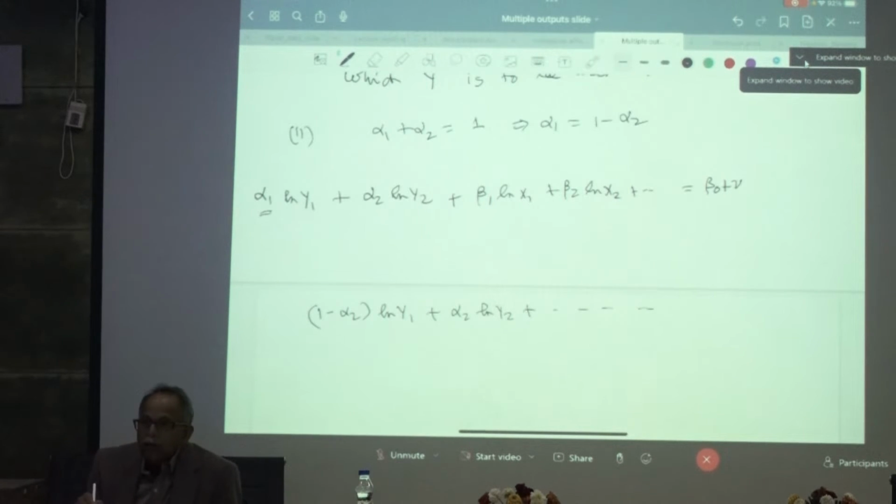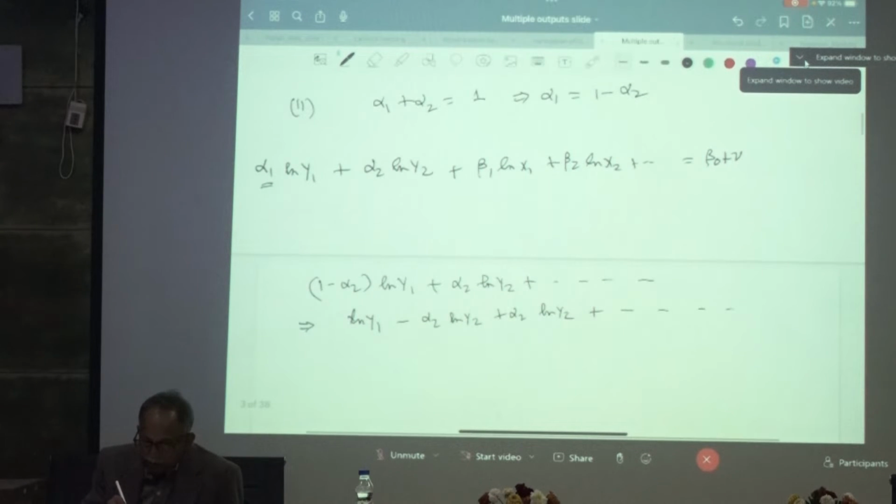I'm playing with the first part. Now take the bracket out, so we get log of y1 minus alpha 2 log of y1 plus alpha 2 log of y2, plus the other terms. This is simple math, I'm just going step by step.